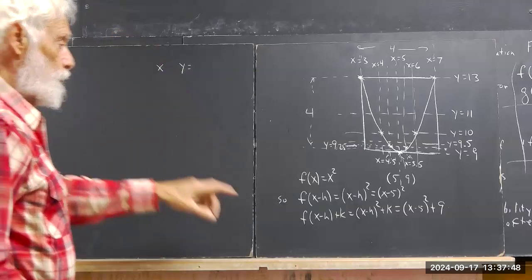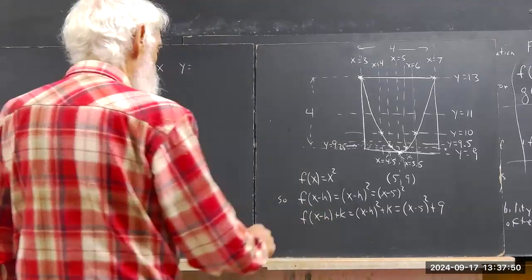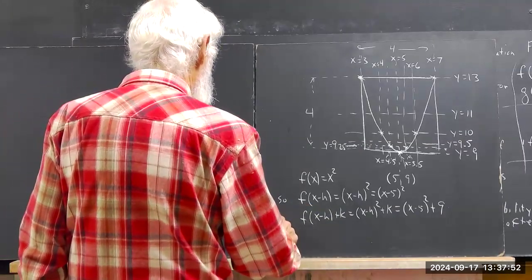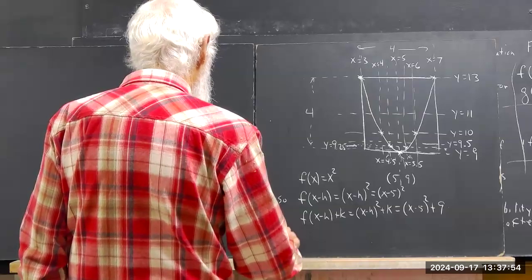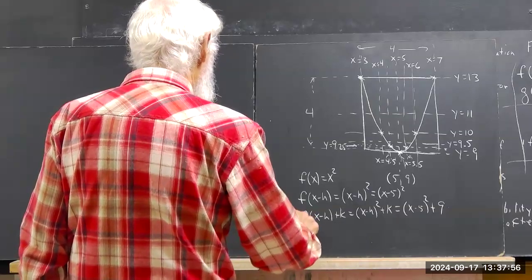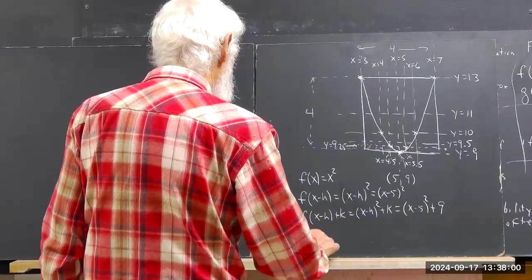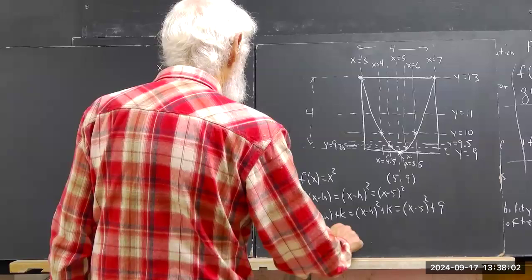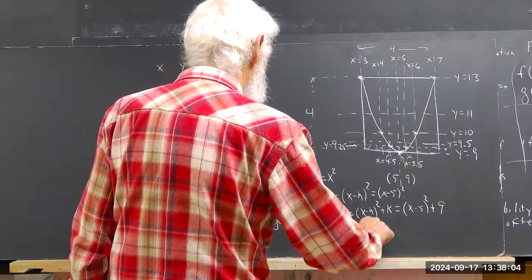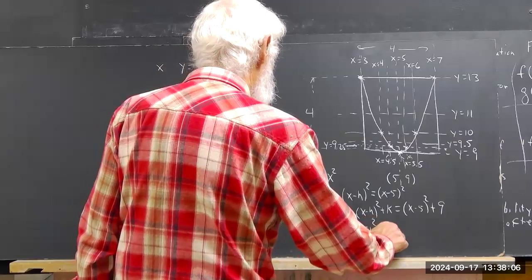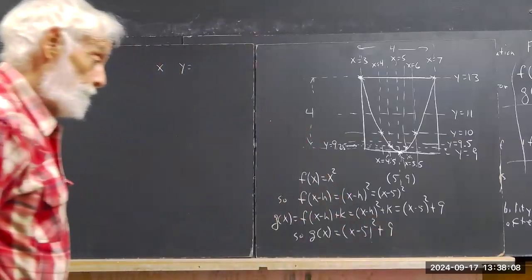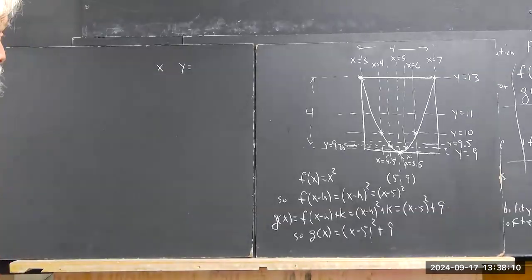Oh yeah, we're going to call this function g of x. So ultimately g of x, in my case, is x minus 5 squared plus 9.